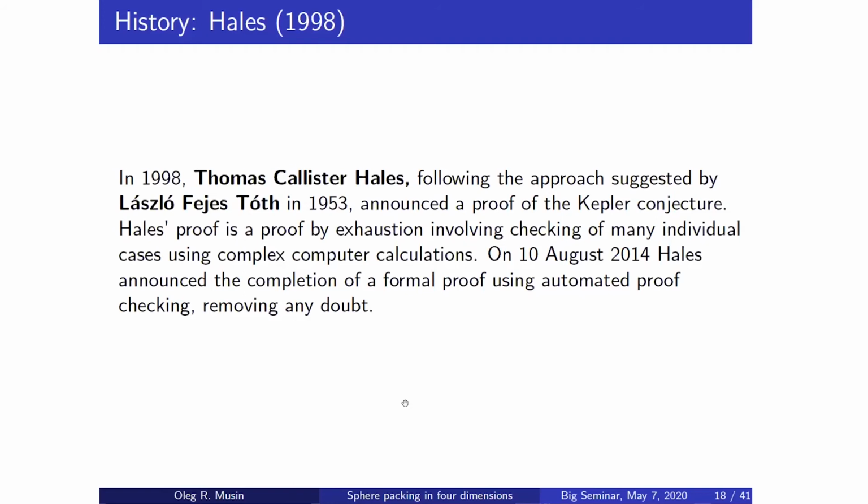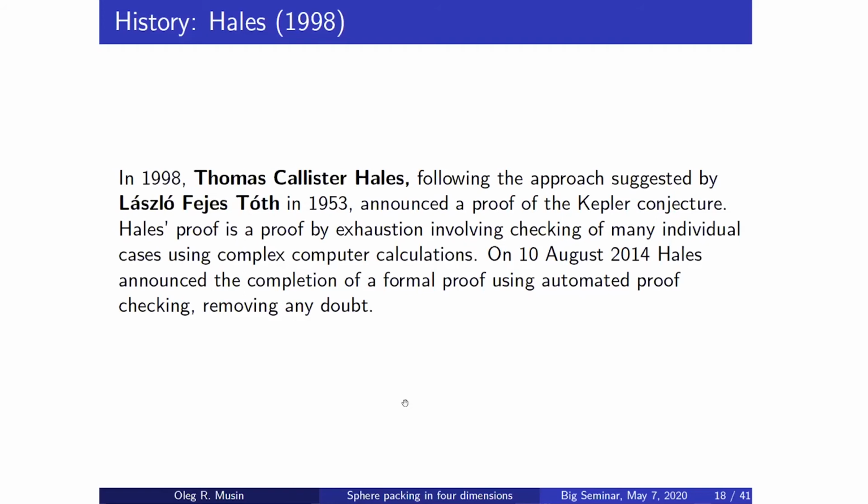But later, in the beginning of the 2000s, Hales organized a group of people who worked on computer verification of his proof. In 2014, Hales announced the completion of a formal proof using automatic proof checking. So now we can say that it is actually a proof.